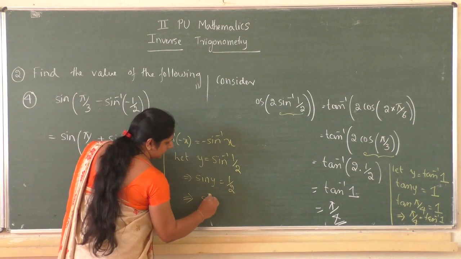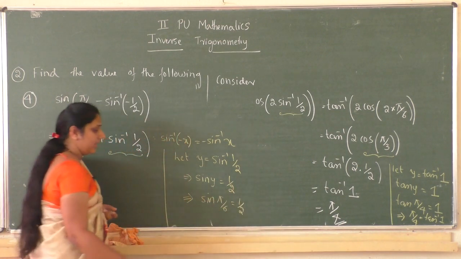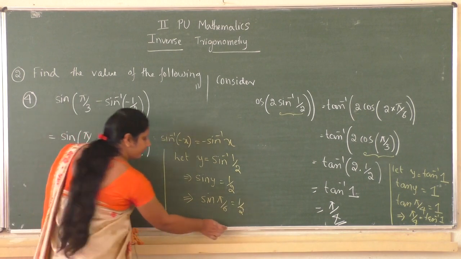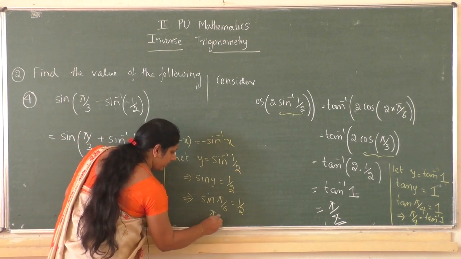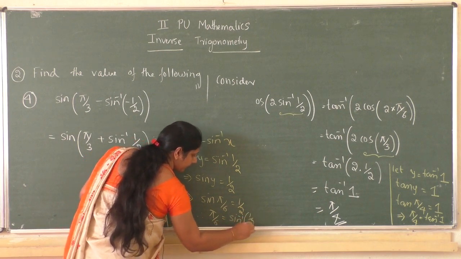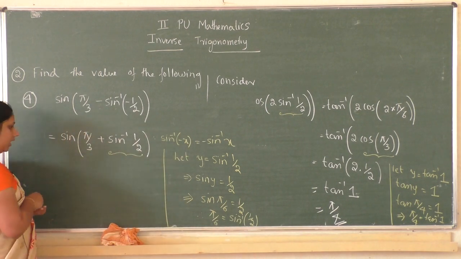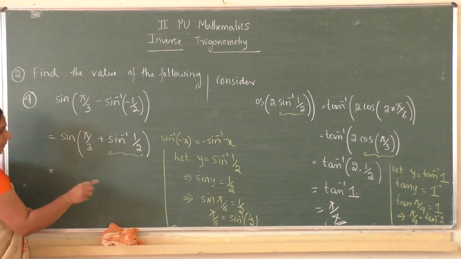It is pi by 6, where pi by 6 belongs to the required range. Therefore pi by 6 will be equal to sine inverse half.